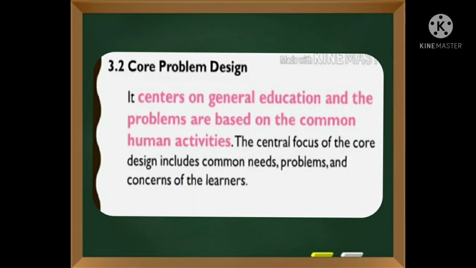And we have number 2, core problem design. It centers on general education and the problems are based on the common human activities. The central focus of the core design includes common needs, problems, and concerns of the learners. So those are some examples of curriculum designs.